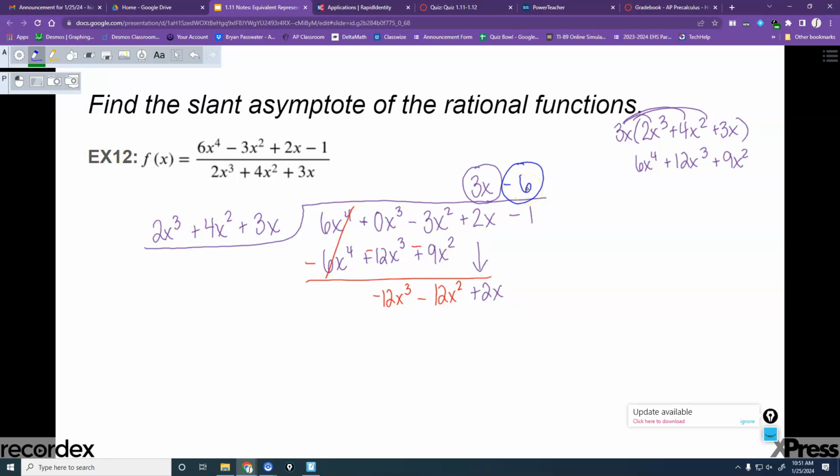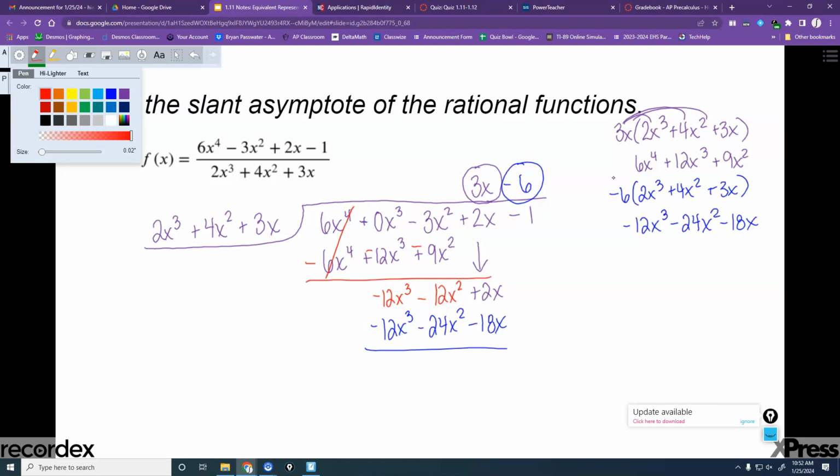So we've got to do negative 6 times 2x to the third plus 4x squared plus 3x. And so that's negative 12x to the third minus 24x squared minus 18x. So that goes here. Negative 12x to the third minus 24x squared minus 18x.